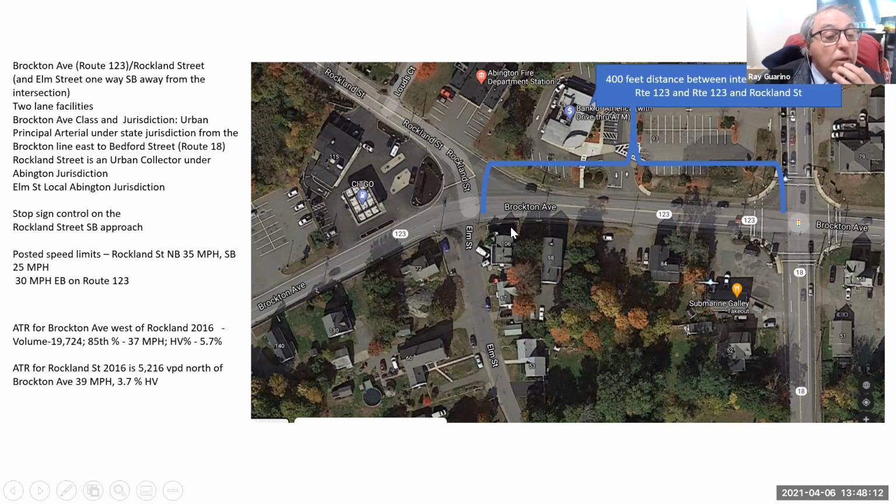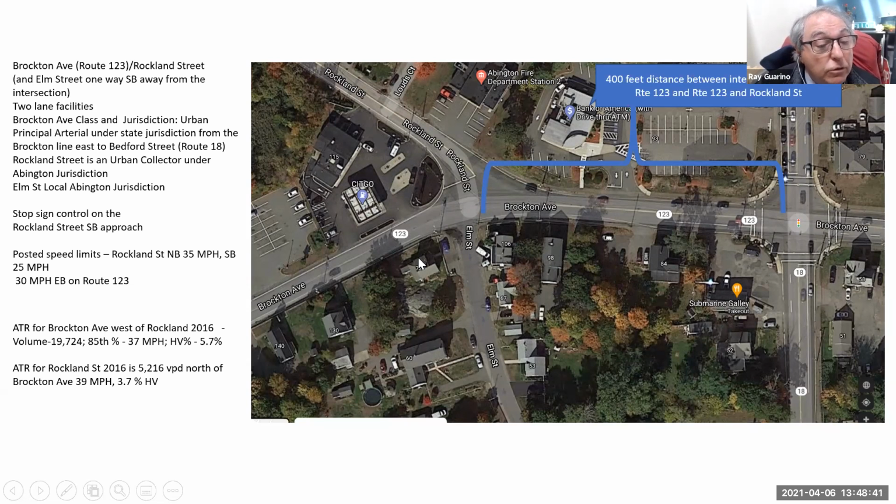Stop sign approach on the Rockland Ave intersection. The posted speed limit on Rockland Street northbound is 35 miles per hour. As you move away from the intersection, it's signed at 35 miles per hour. As you approach the intersection, it's signed at 25 miles per hour. And Route 123 or Brockton Ave is signed at 30 miles per hour eastbound on Route 123.